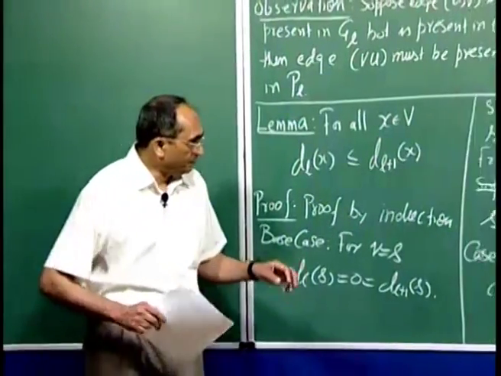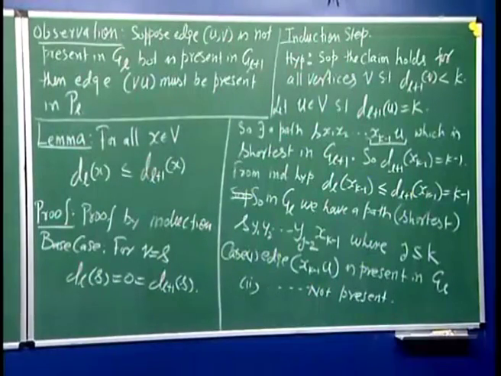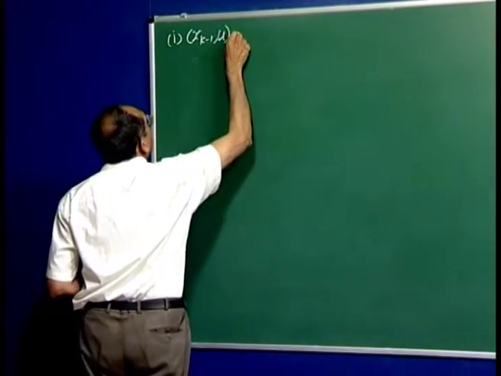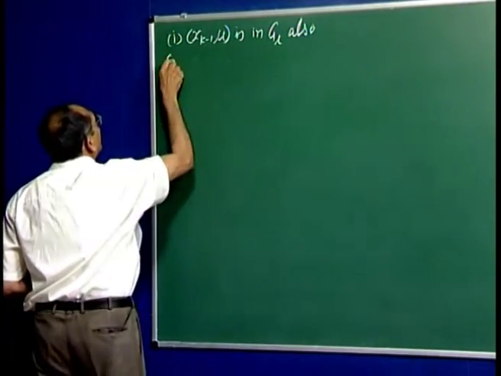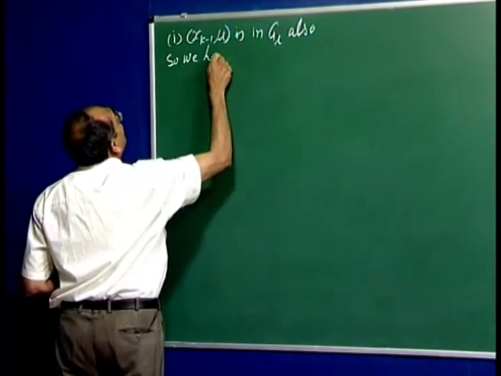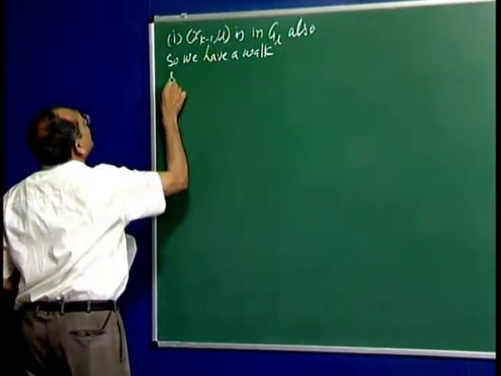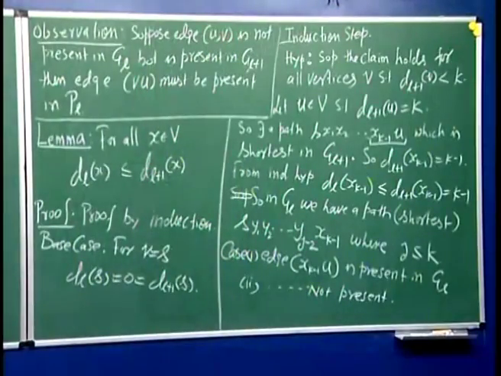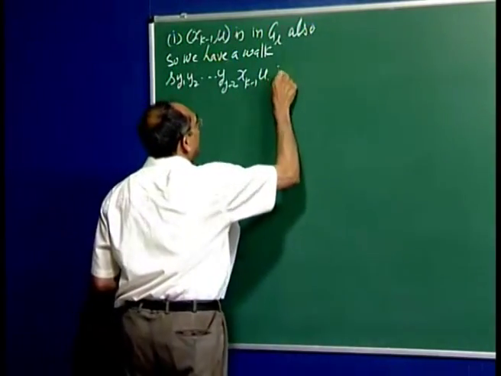Okay, so we have first case where xk minus 1 u is in GL also. So we have a walk S y1 y2 ... yj minus 2 xk minus 1 u in GL.